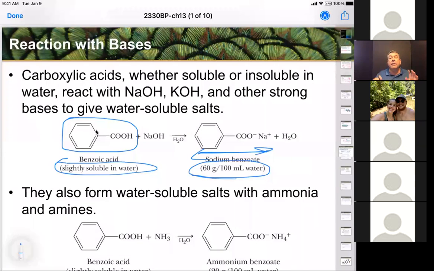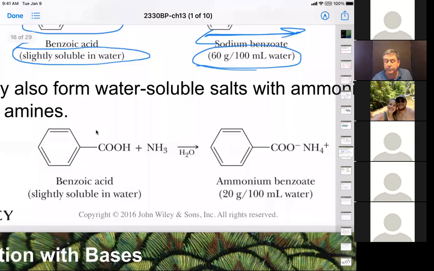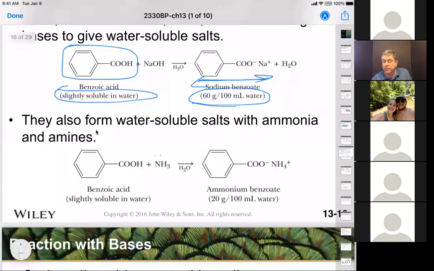Okay, this also works with other bases like ammonia. Ammonia we know is a base. It's a nice little base because of its lone pair right here. It will undergo that same reaction to deprotonate the carboxylic acid and create this ammonium salt.